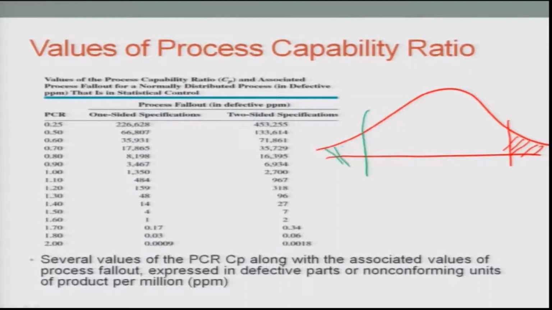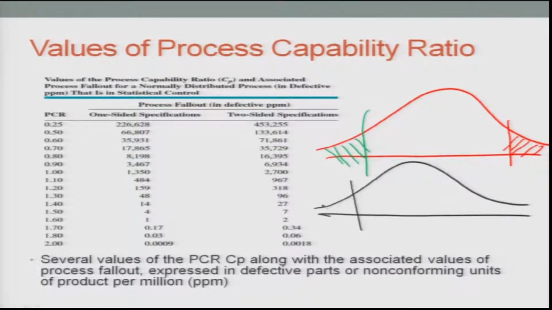This is the lower tail, and in the other case you have both sides, so it will be this side and this side also. The graphs look the same, so you have a left tail and a right tail in both cases.